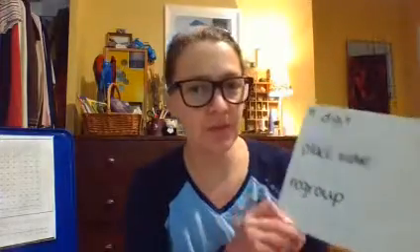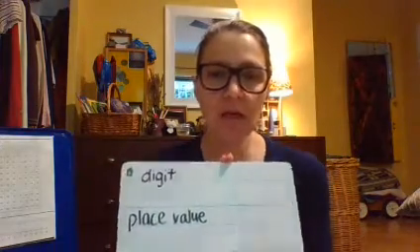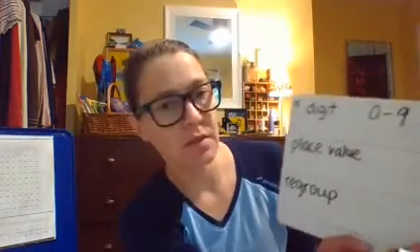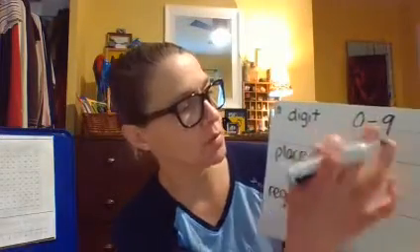Before we get started, I'm going to go over the vocabulary I went over yesterday, just to refresh your memory. The three terms that I'm going to review are digit. Digit means any numeral 0 to 9. So digit just means the numeral that numbers consist of, 0 to 9.